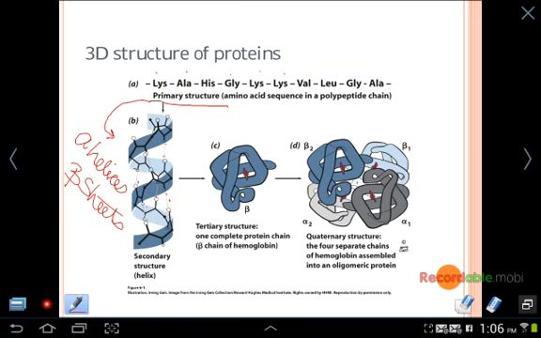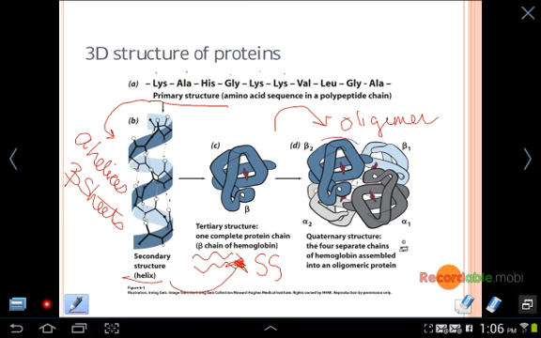Then when you get assembly of secondary structures, you have your tertiary structure. With tertiary structure, you could have 2 helices interacting, or 2 pleated sheets interacting, or more than 2. And then quaternary structure is when you get multiple polypeptide chains or protein subunits to oligomerize in order to form a quaternary structure.